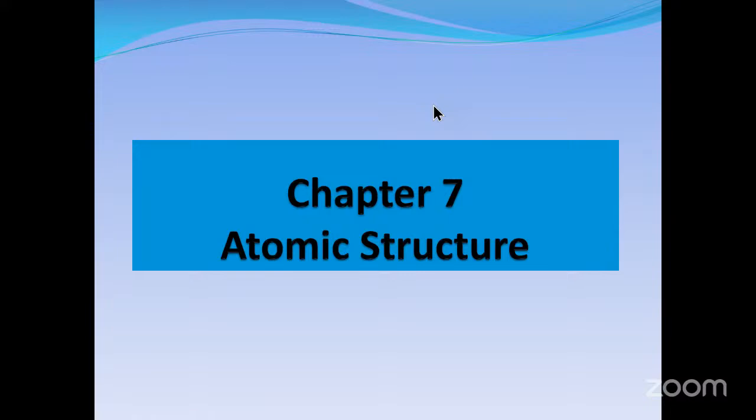Okay, so we're going to start chapter 7, which deals with the atomic structure, and this chapter is going to, especially in the latter part, delve into my least favorite topic in chemistry, quantum mechanics. I'm still recuperating from those courses in undergrad and grad school when it comes to this topic. So it's my least favorite topic.